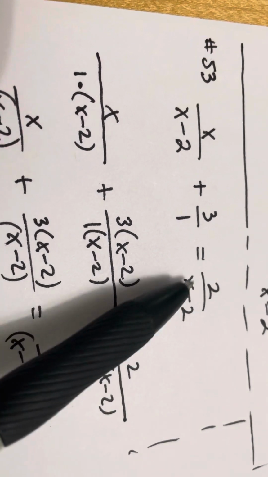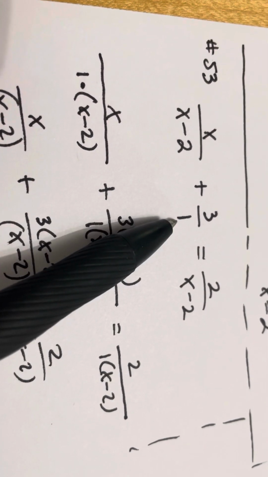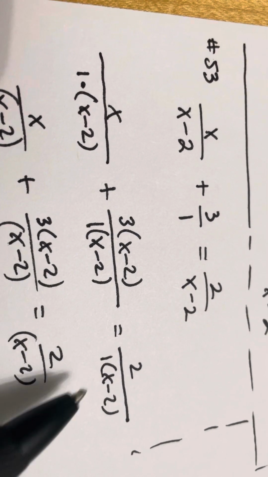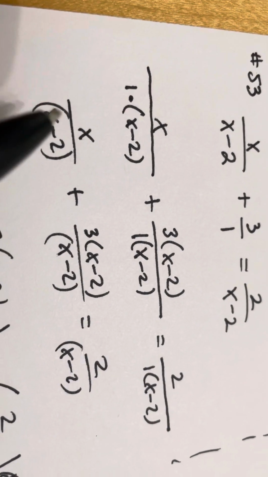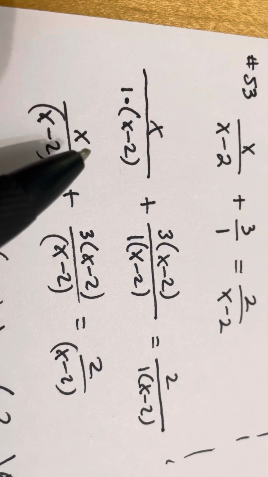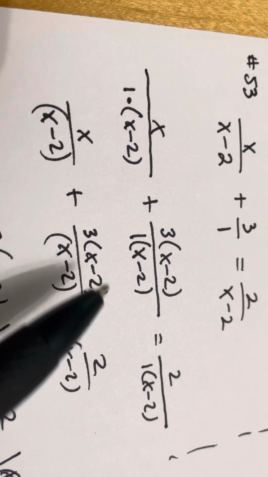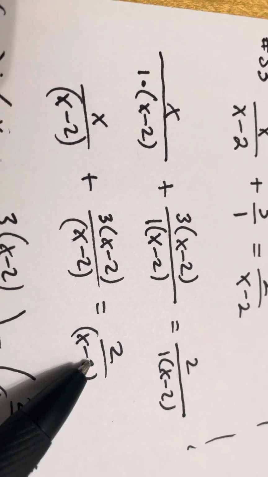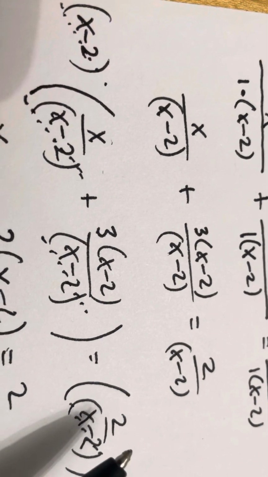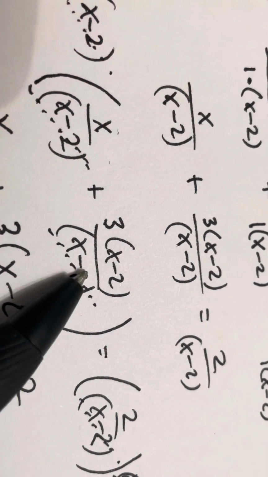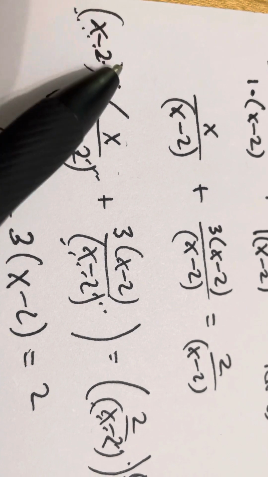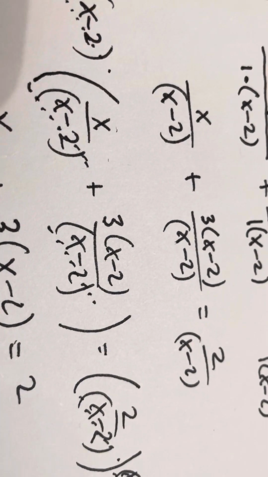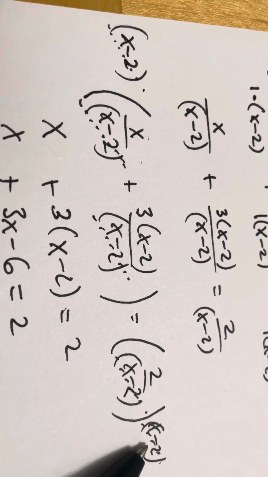And then what does this denominator need that this one has? It needs the 1. And again, we don't need to write the 1. Really what we would do is say, well, it's x over x minus 2 plus 3 times x minus 2 over x minus 2 is equal to 2 over x minus 2. Now, since they all have x minus 2's in the denominator, we can multiply through the entire equation by x minus 2's.